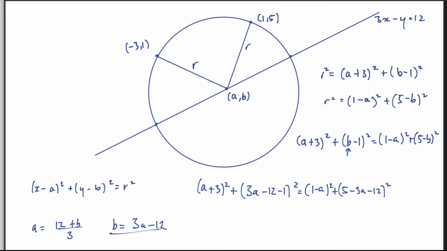So this 3a take 12 is from this straight line equation up here. This would be a fun problem to have thought about, actually.